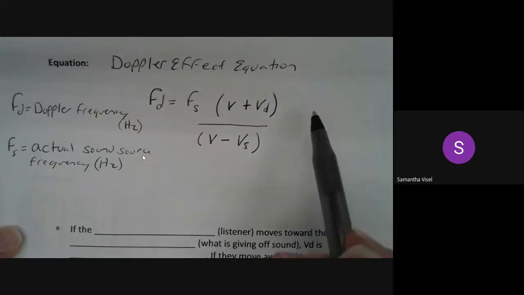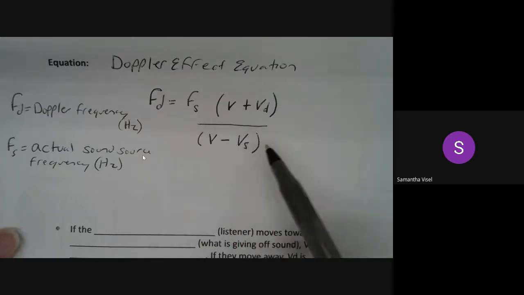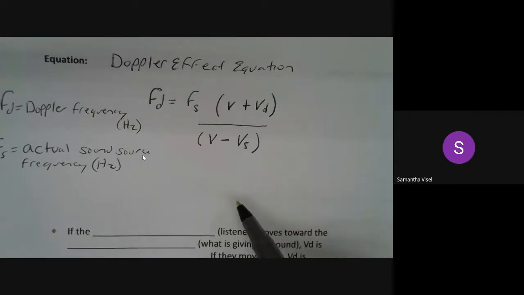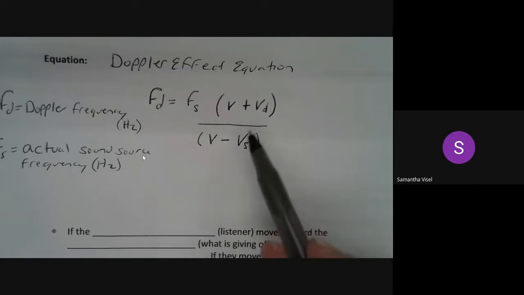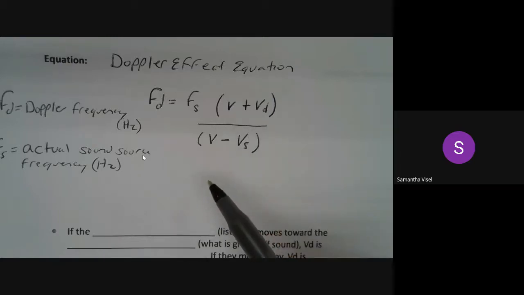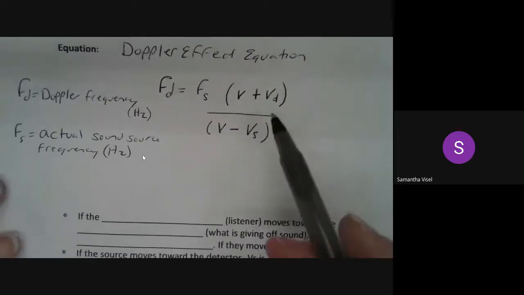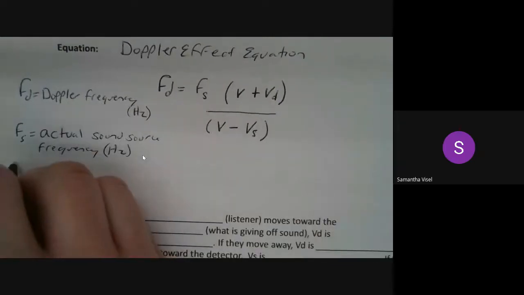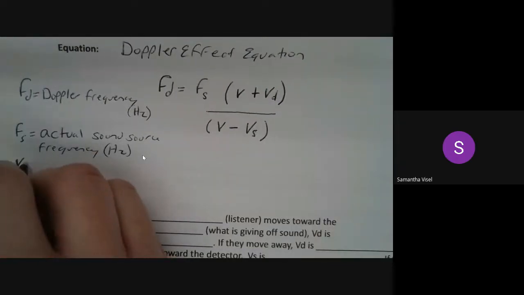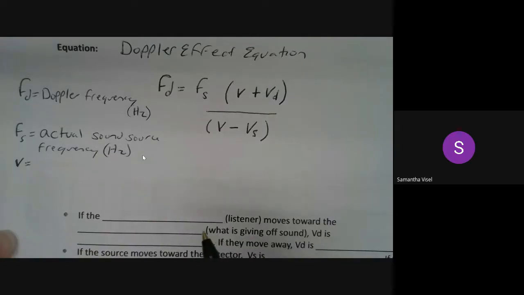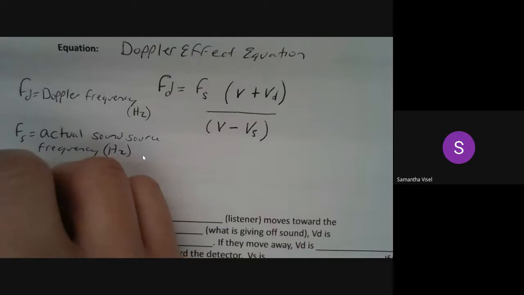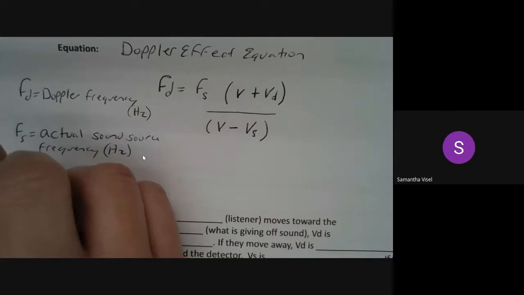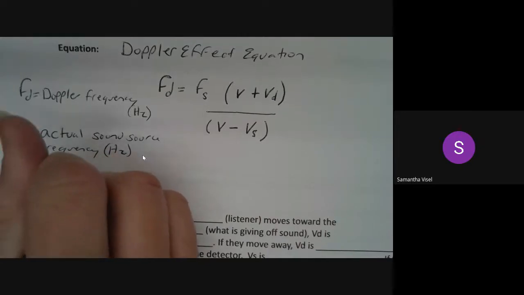And then we have all of these V's here. So as you can imagine, just like any other time we've seen V, it does stand for velocity. But since we have these subscripts, these are all different forms of velocity. So they're not all the same number. Two out of the four are, though. So the V without a subscript is always going to be 343 meters per second.